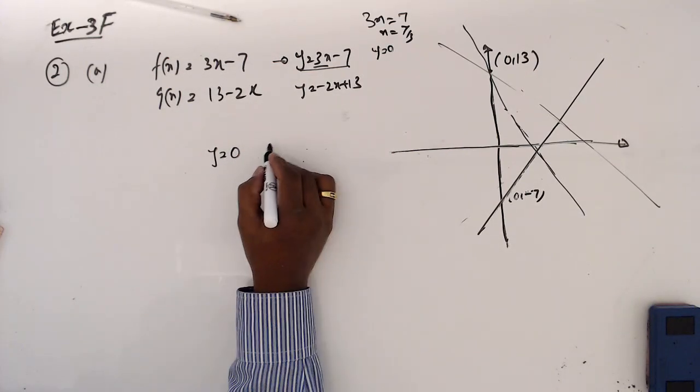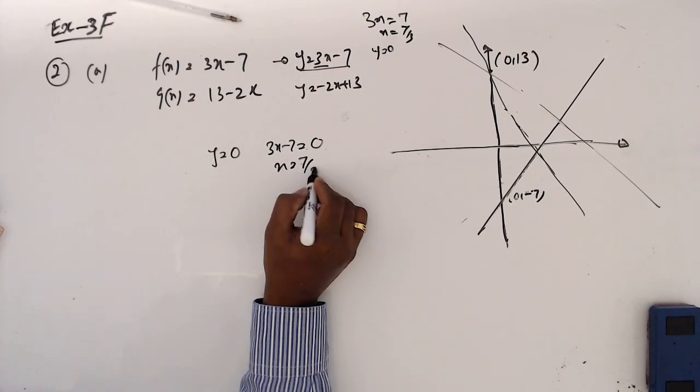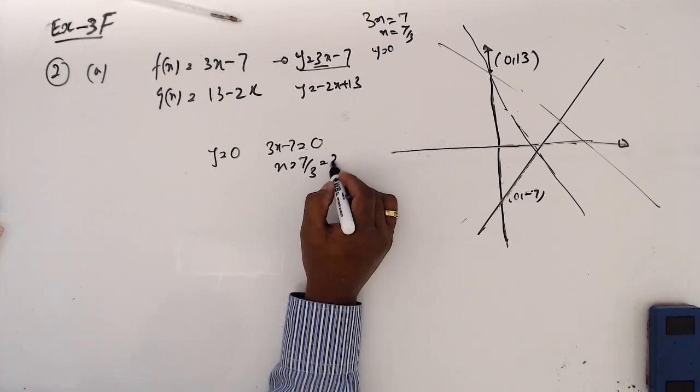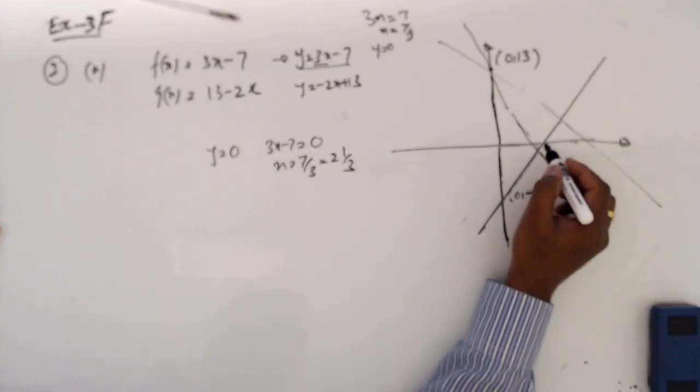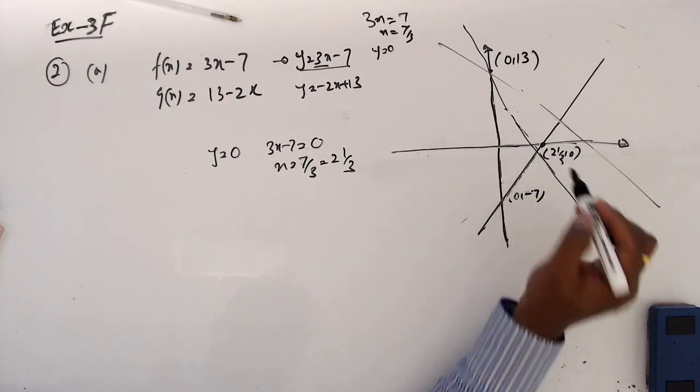That is 2 and a third. So this is the point 2 and a third, 0.